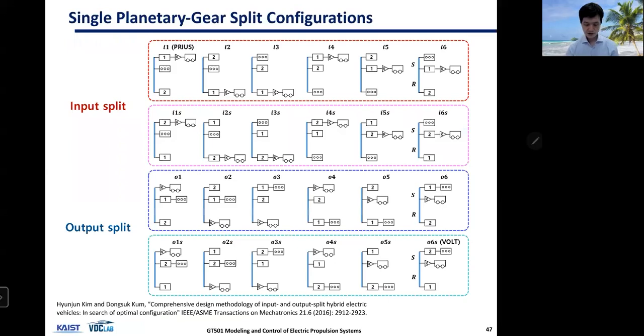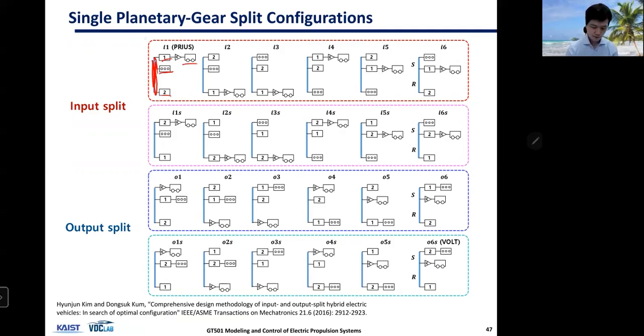But if you list all the combinations, actually there are 24 ways of connecting 4 components with 3 shafts. So this is a lever, right? And then we have motor 1, 2, engine, and the wheel. So we have 4 components and connect that with ring, sun, and carrier.